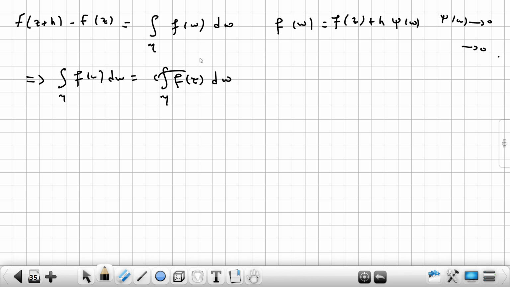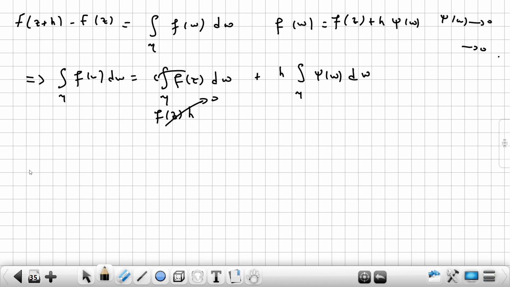You can pull it out of the integral, and we obtain f of z times h, plus the integral over eta of psi w dw.